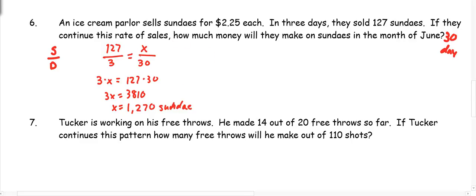Then we want to know how much money they are going to make. So we know that each sundae is selling for $2.25. So we're going to do the number of sundaes they sold times $2.25. So off of just sundaes alone, they would make $2,857.50.